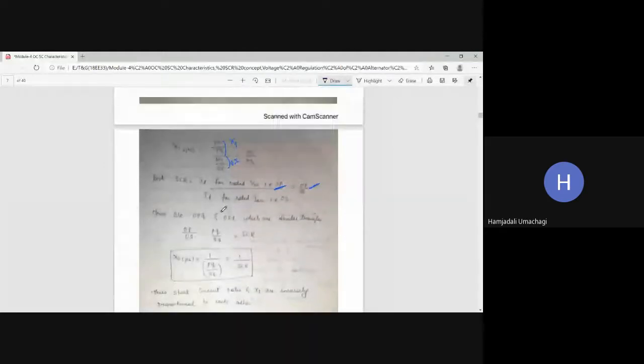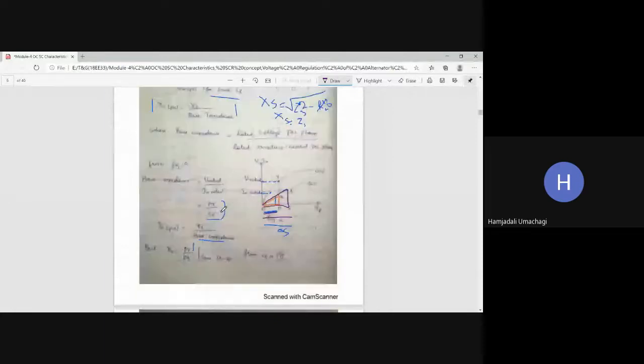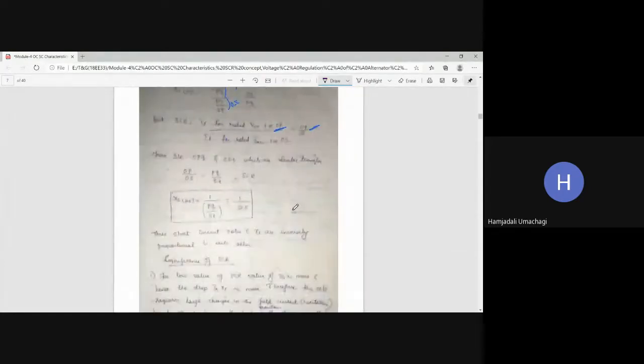PQ by ST. PQ means this altitude, vertical side. So OP by OS is equal to PQ by ST by considering similar triangles OQP and OTS. So what is this OP by OS?